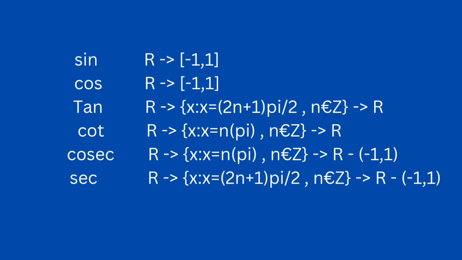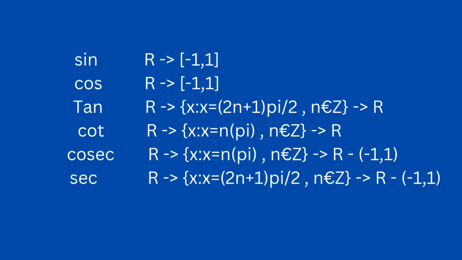That is again R. Just simple, whatever the values from left, the same to RHS. But in secant, look, R is x not equal to (2n+1) times pi by 2, where n lies in Z, and the R value is outside of -1 to 1. So these are the changes between tan and secant. Similarly for cosecant also, right?